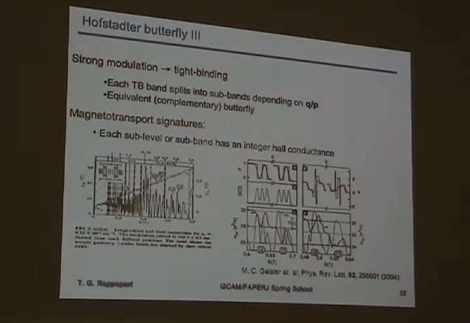It can be 2, 3, 4, minus 1. So the jumps in the Hall conductivity will be very strange. And this is a result from von Klitzing's group from 2004, where they could see in this problem of the Hofstadter butterfly signatures of these mini bands.